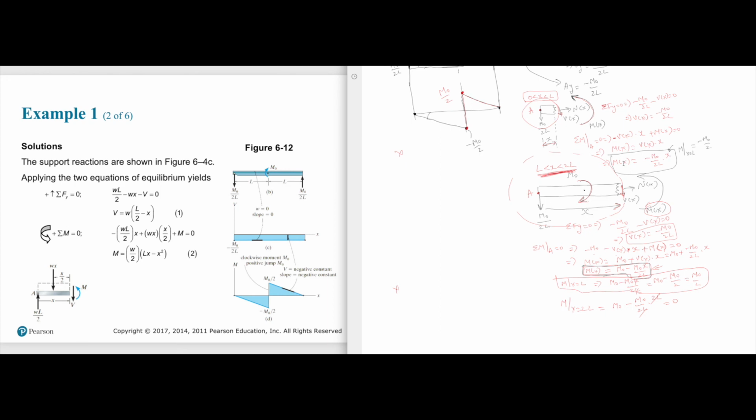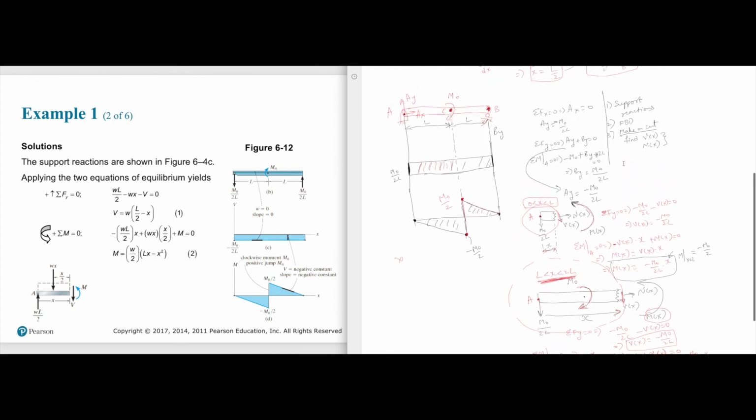So that is the bending moment diagram. What is the bending moment at x equal to 0? It is 0. What is the bending moment at x equal to L? Slightly to the left of L, that means slightly to the left of C here, the bending moment is negative M naught over 2.